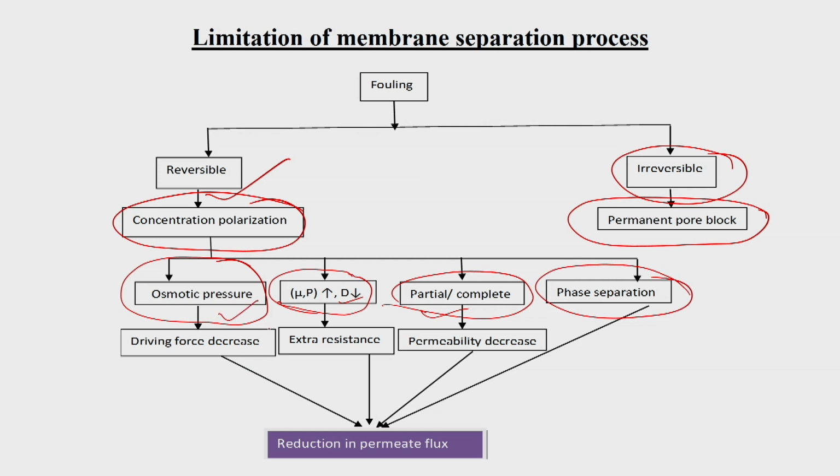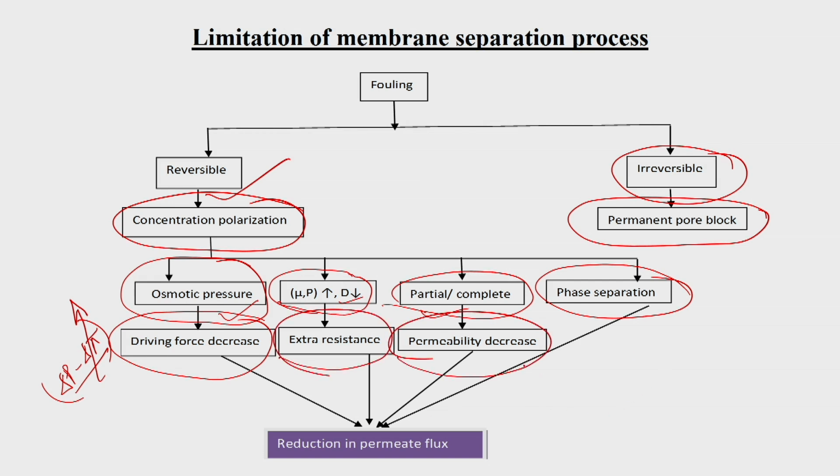Due to the osmotic pressure the driving force decreases, because driving force is delta P minus delta pi. As delta pi increases, the driving force decreases and extra resistance is generated, and permeability decreases. As a result, there is a reduction in the permeate flux.